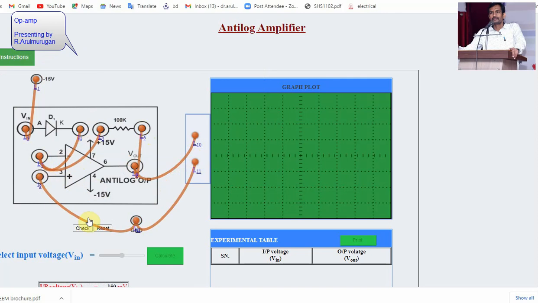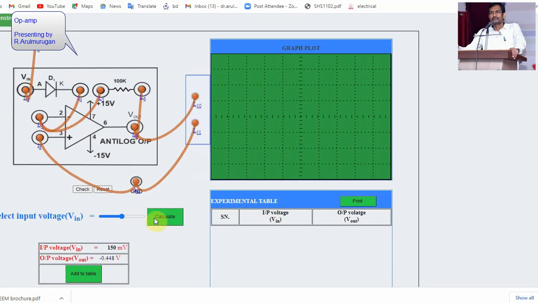Then the plus terminal is connected to the ground. The minus terminal is connected to the power supply. If it is connected to the power supply, it is an inverting amplifier. So that's all. For the input voltage, I will go to millivolt input, vary it, and then see the output voltage.